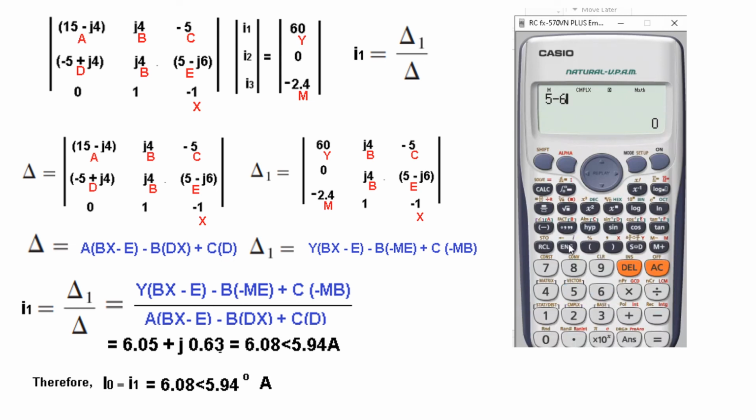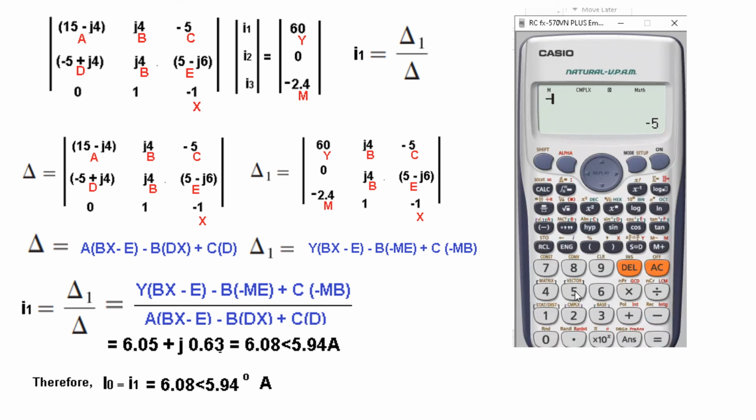For j we write i, and the i button is here. Then is M. Now M is minus 2.4, not 2.4, minus 2.4, enter.